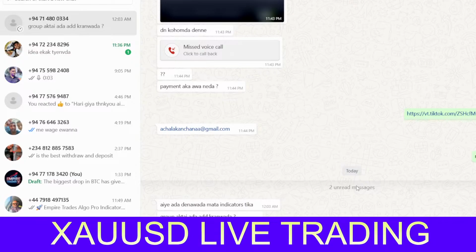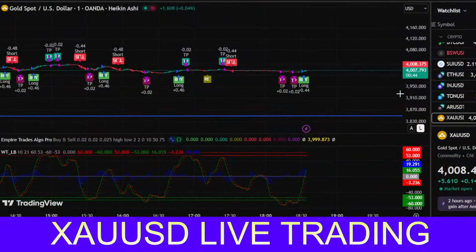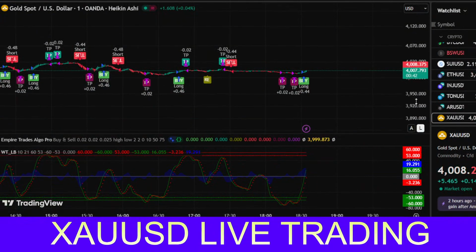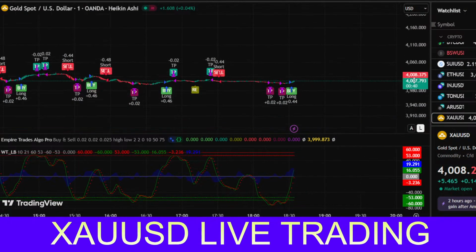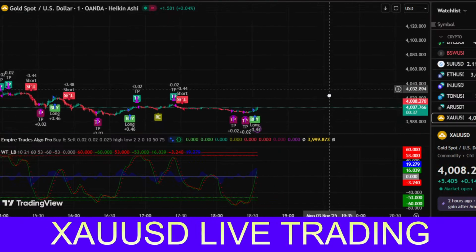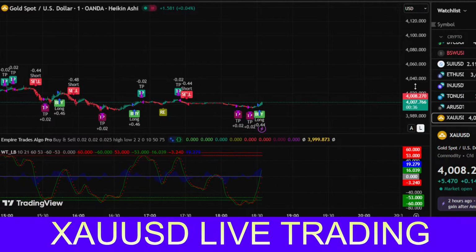Gold trading can significantly enhance a trader's ability to make informed decisions and optimize returns. One of the most effective and widely used technical indicators for gold trading is the Relative Strength Index, RSI. The RSI is a momentum oscillator that measures the speed and change of price movements, oscillating between 0 and 100.